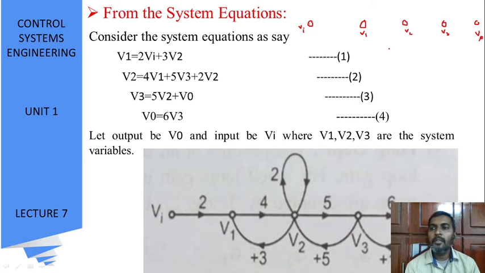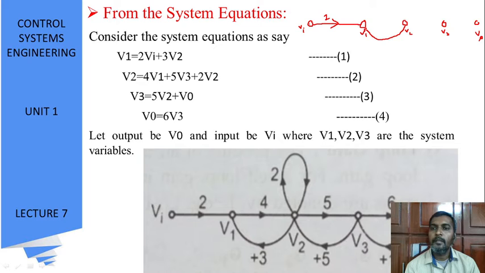First of all, they have given V1 is equal to 2 Vi plus 3 V2. So 2 Vi, this is 2, plus 3 V2, so I'll write it like this.